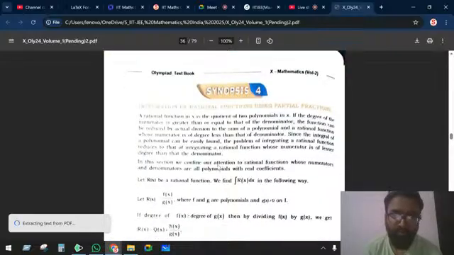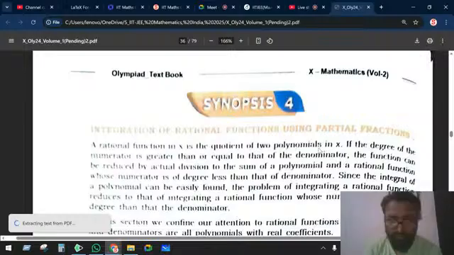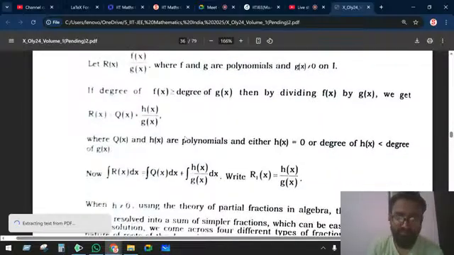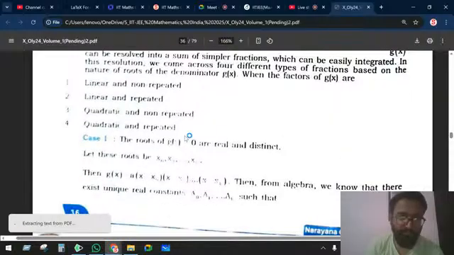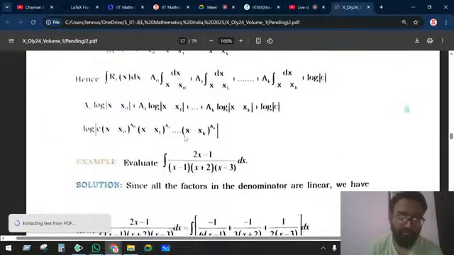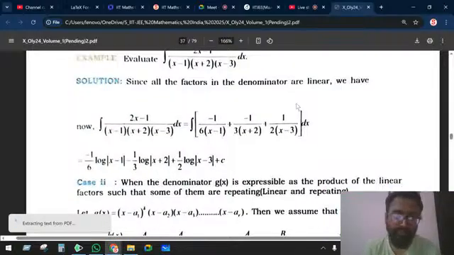So integral of rational functions using partial fractions. Can you see this heading partial fraction? Yes, sir. So now here how to do the partial fraction of the rational function is most important. See, can you see the question example?